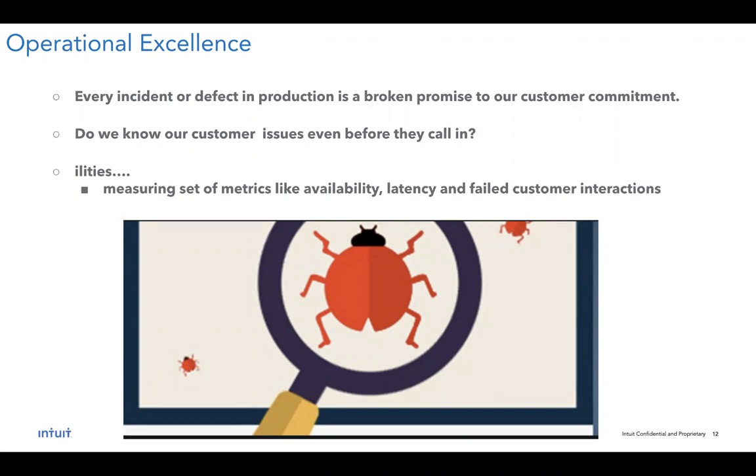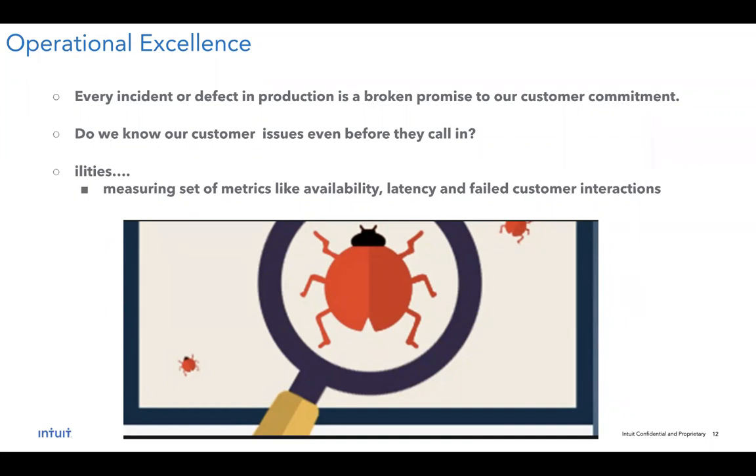Because a customer care call is the last resort for a customer. There are many other customers who drop away from the funnel and do not even intimate you when they find a problem, because it is just not the most important issue in their life.